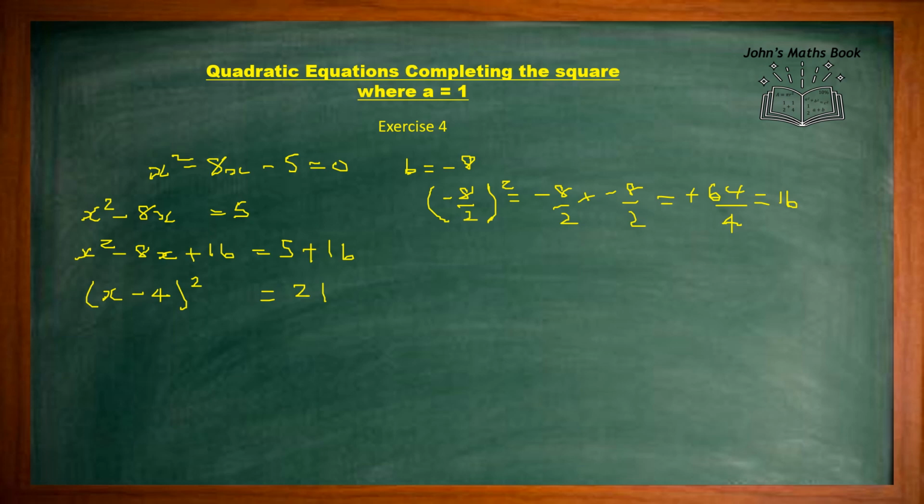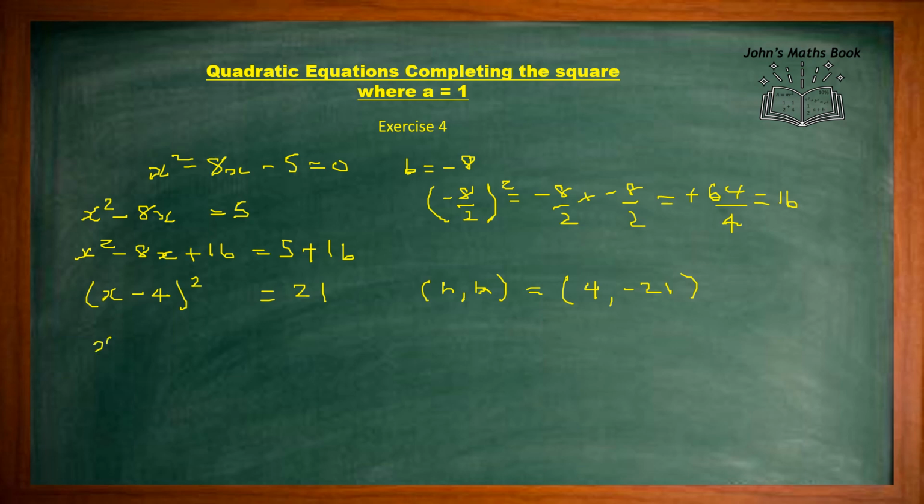So in this form we have the coordinates of the vertex of the parabola. So h and k in this case is equal to the value of 4 and the value of minus 21. So let's go ahead now and solve this equation and find the roots of the quadratic. So we can take the square root of both sides.